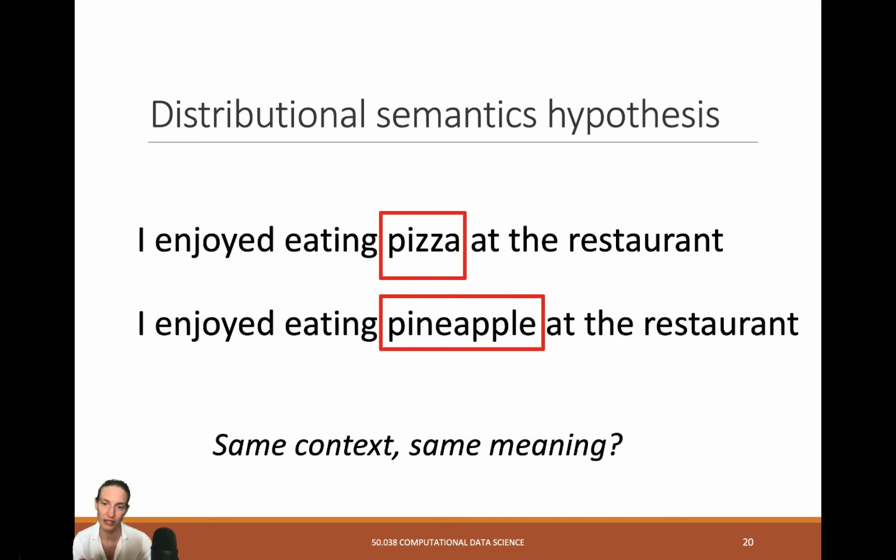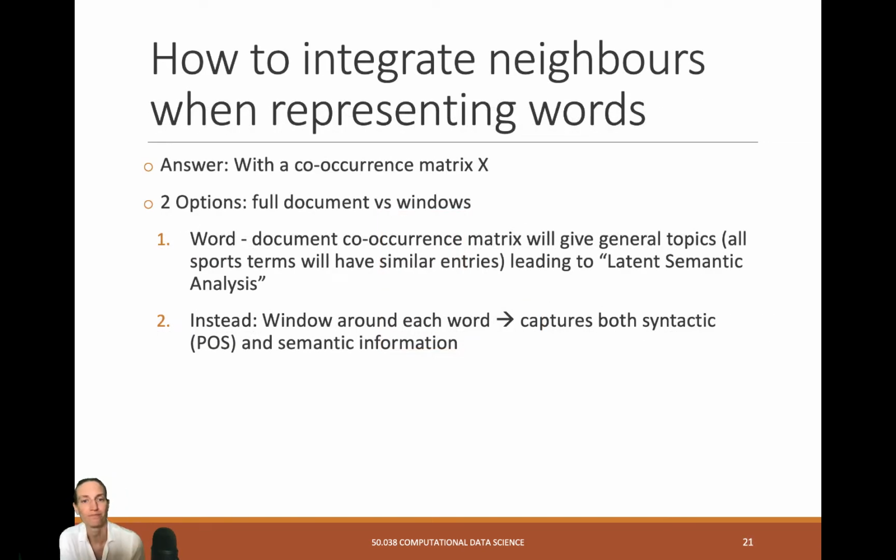It's both something that you can eat at a restaurant. So these two words have a different meaning, but they aren't entirely dissimilar in the fact that they're both foods that you can eat at a restaurant. So this principle is what will allow us to train our word embedding model.